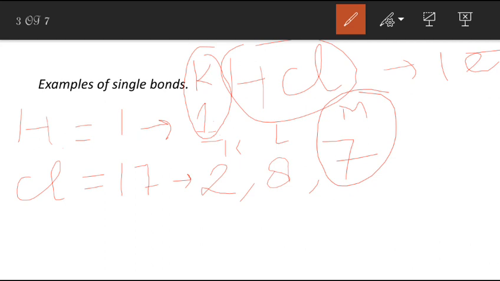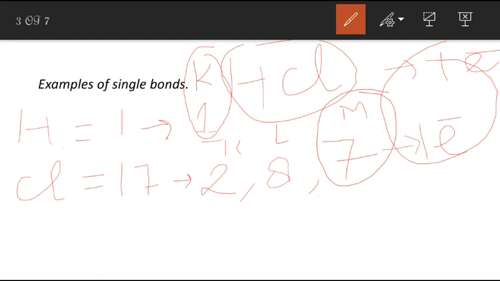Chlorine has 7 electrons and also needs only one electron because the M shell must contain 8 electrons, so it will share its one electron.